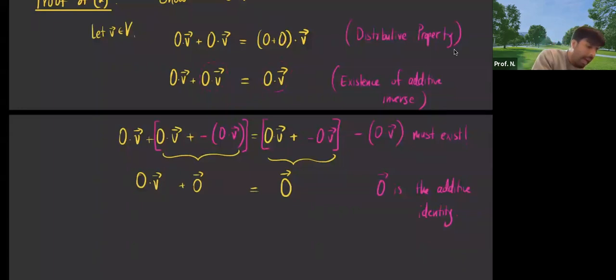So if 0 is the additive identity, what should be true about this? If 0 times v plus 0, what does this have to add up to? If I add anything to the additive identity, I get back the same thing, don't I? That's what it means. So then what do I get? I get 0 times v equals 0. And henceforth, I proved it.